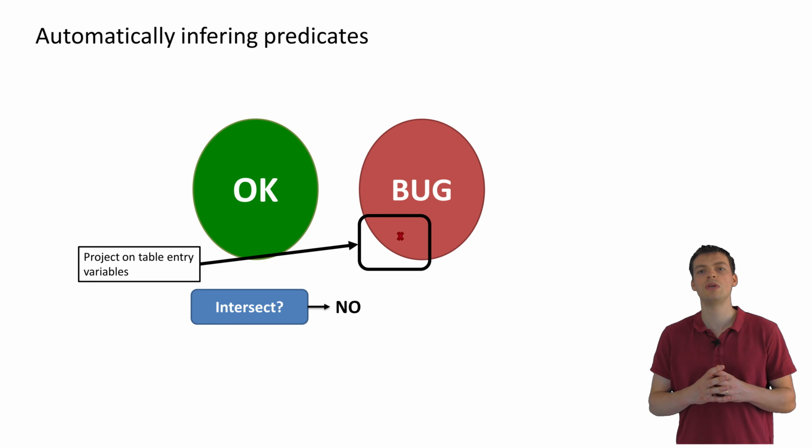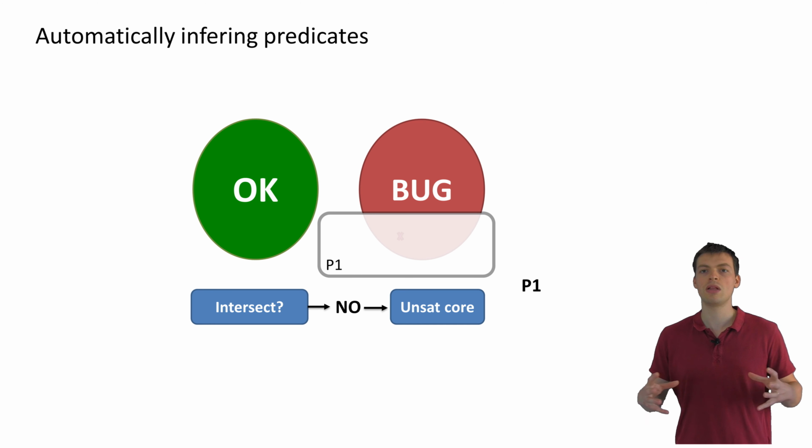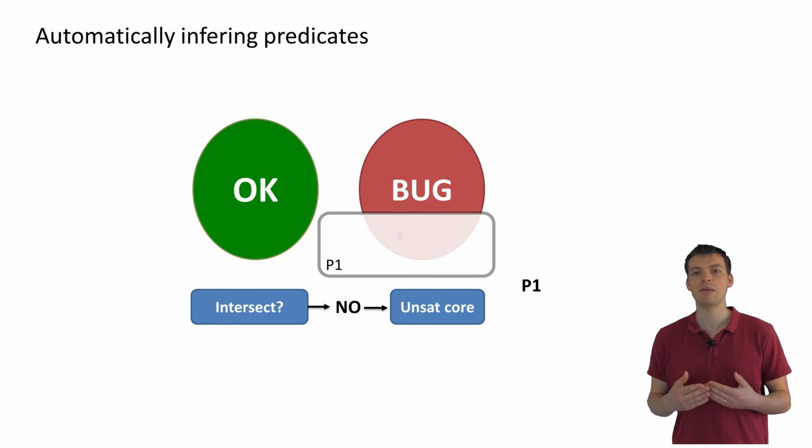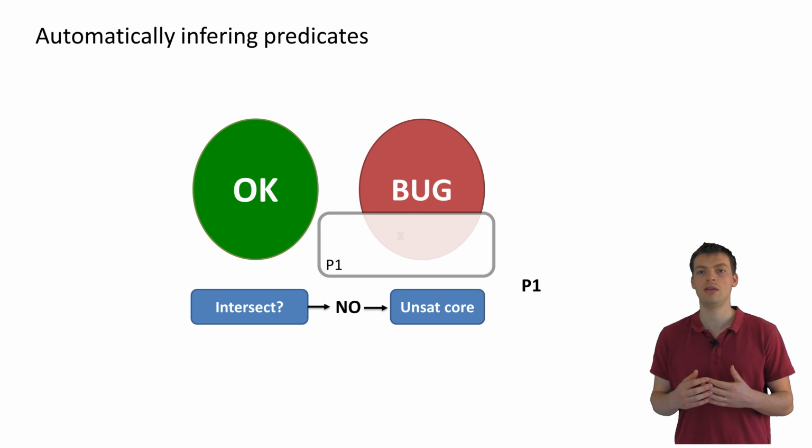But since we want to ensure as many buggy runs are trimmed away, we try to compute a larger set using the solver's unsat core capabilities. We now end up with P1, which reads, whenever a table entry matches P1, it will definitely lead to a bug and should be avoided.